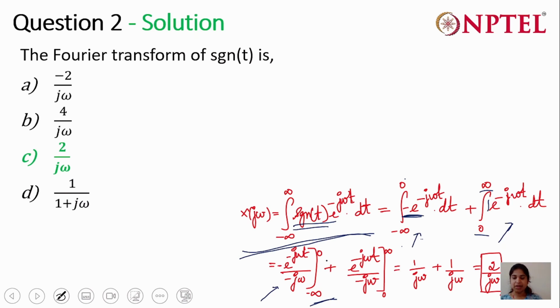And for the second integral, it is e power minus j omega t by minus j omega, limit 0 to infinity. So 1 by j omega plus 1 by j omega, your answer is 2 by j omega. So the Fourier transform of sine of t is 2 by j omega.